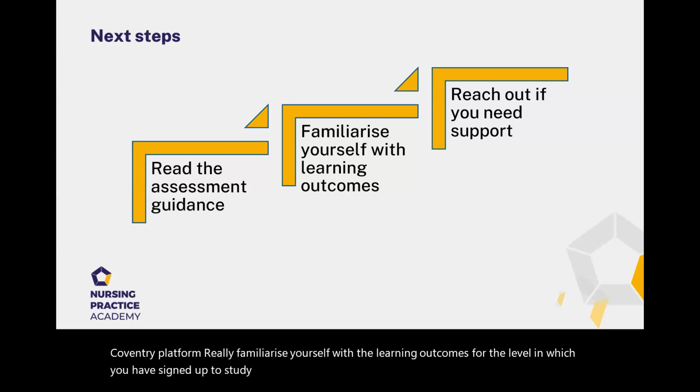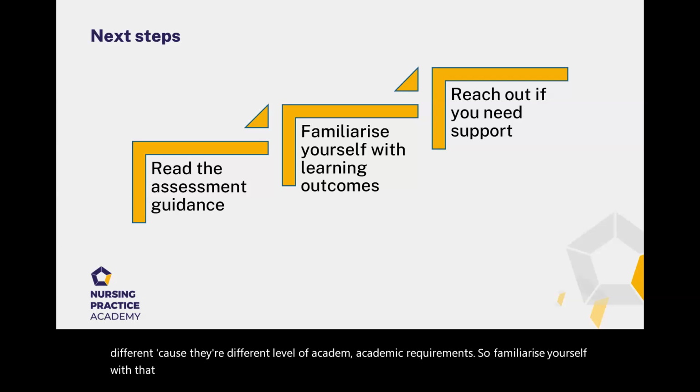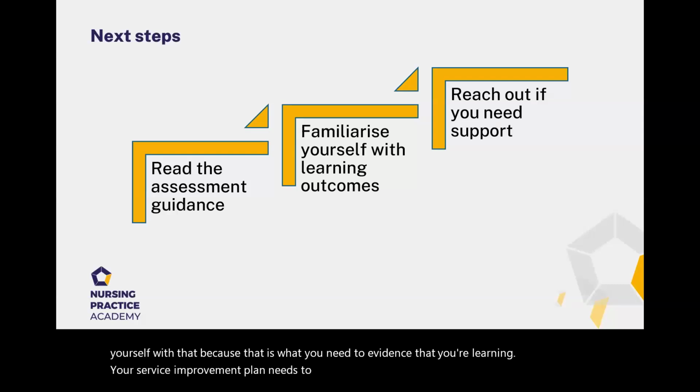Obviously they should be different because they're different levels of academic requirement. Familiarize yourself with that, because that is what you need to evidence, and your service improvement plan needs to show that you have met those learning outcomes. And obviously, really importantly, reach out if you need support.